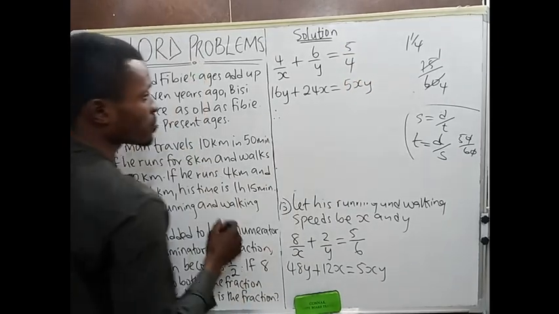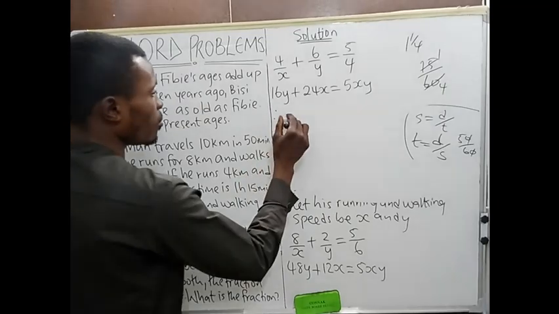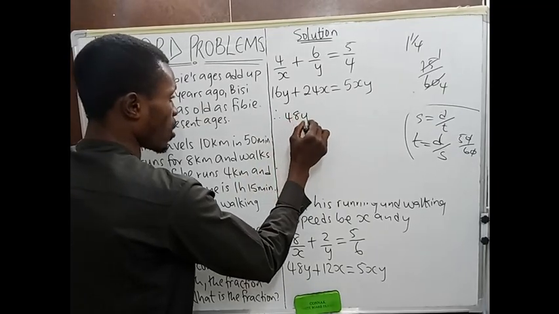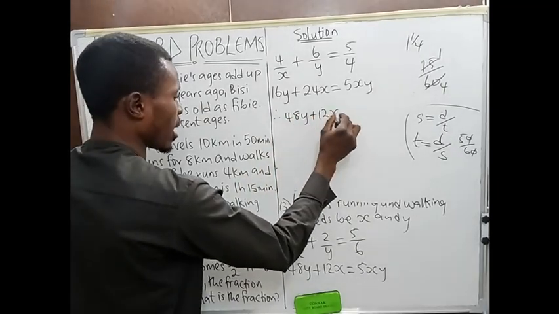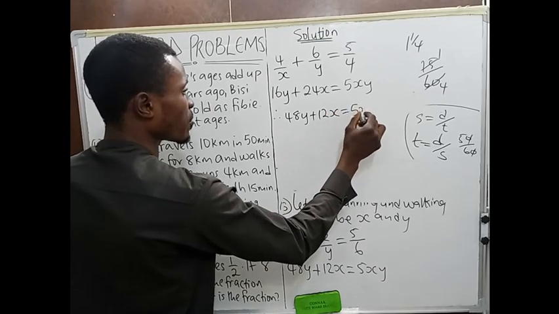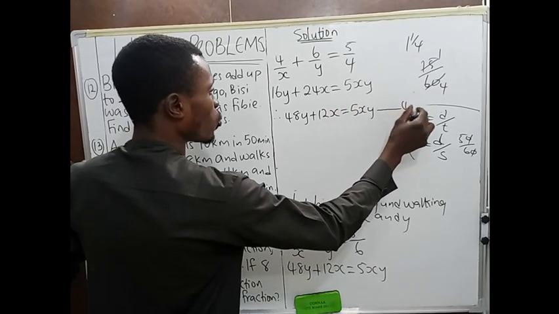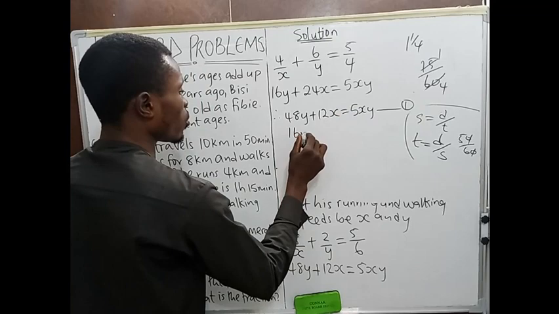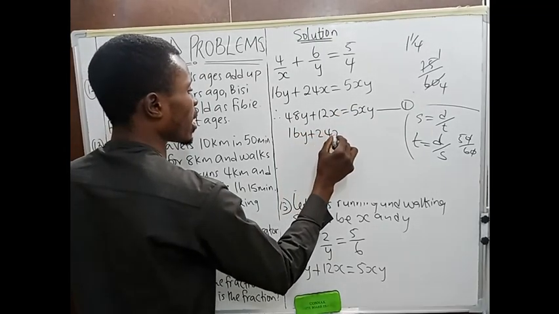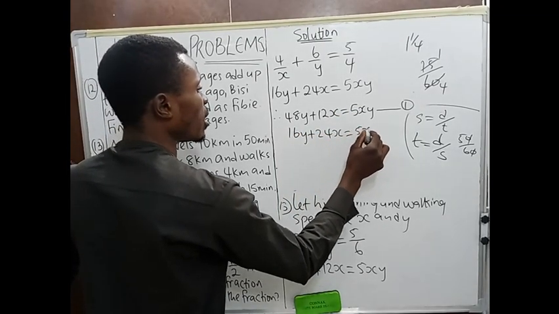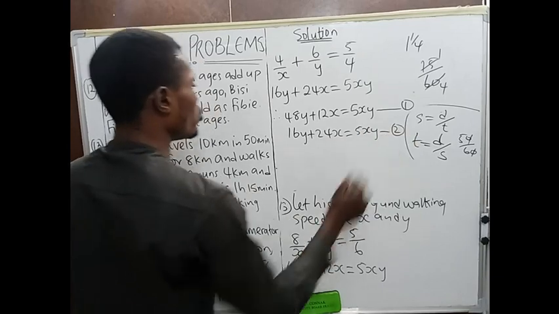Therefore, we have 48y plus 12x equals 5xy as equation 1, and also 16y plus 24x equals 5xy as equation 2.